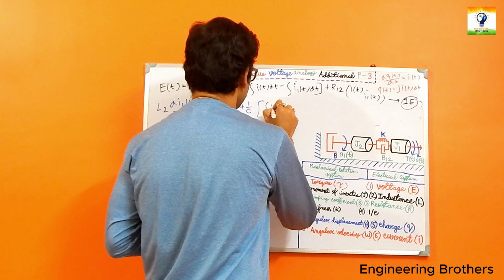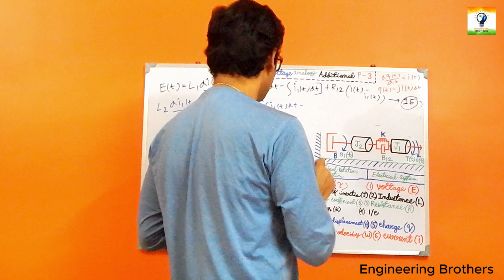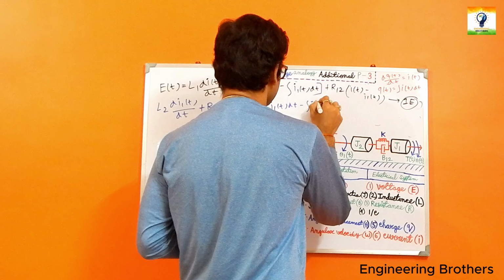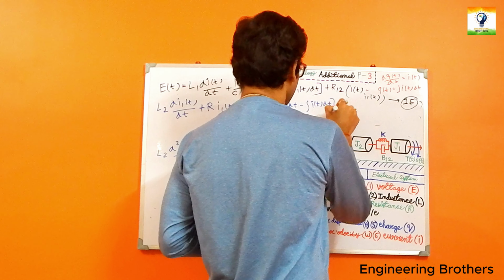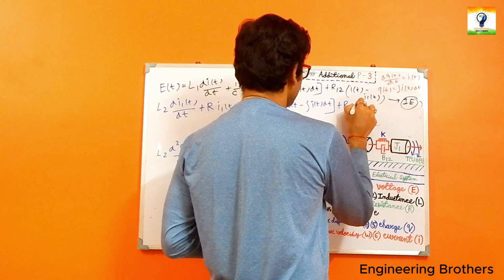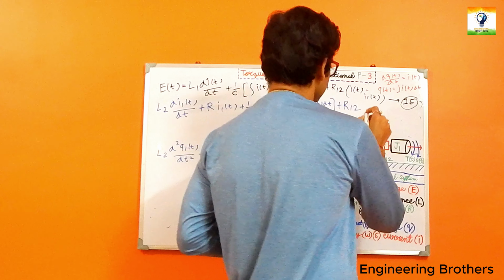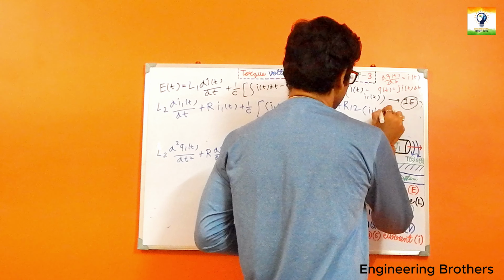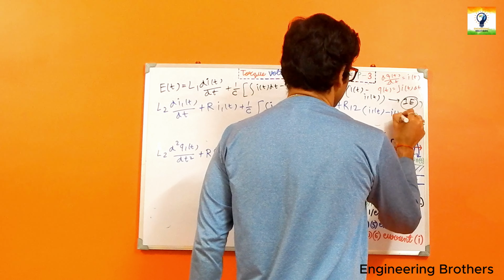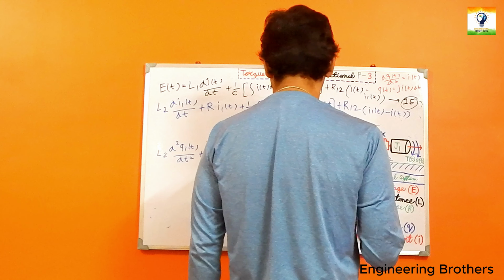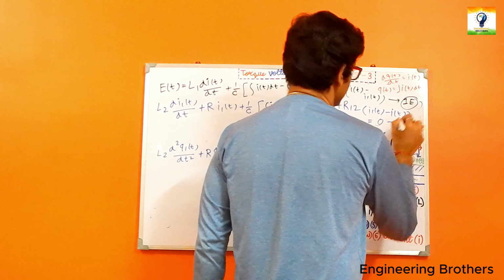So this one will be the integration of i1(t) dt minus the integration of i(t) dt, plus R12 times d by dt of q1(t), which means i1(t), minus d by dt of q(t), which means i(t). This is equal to 0. So this is our second electrical equation.